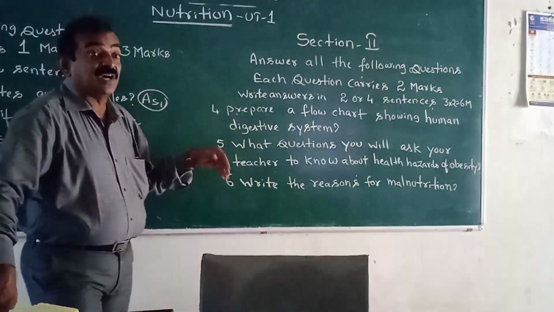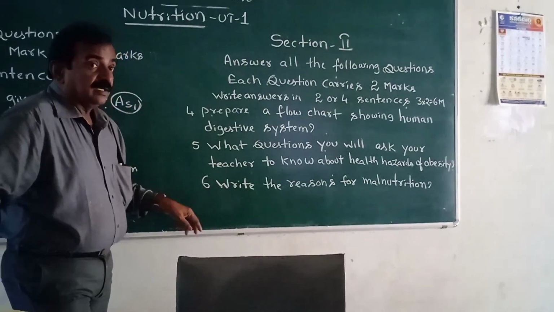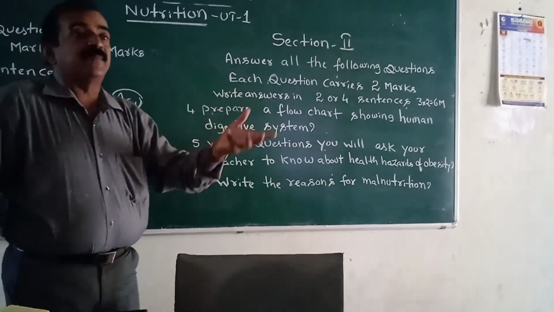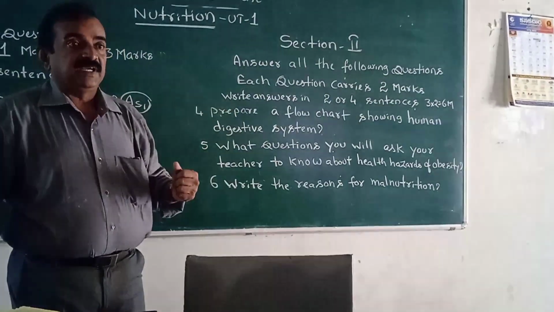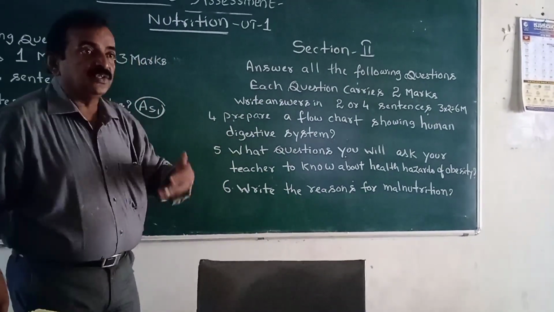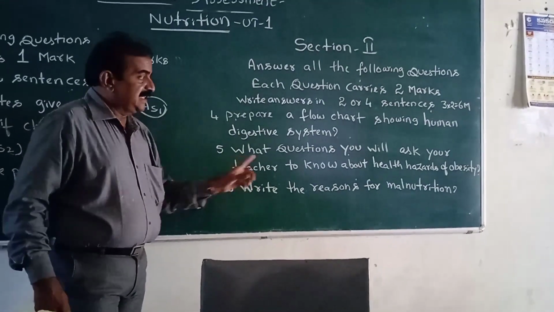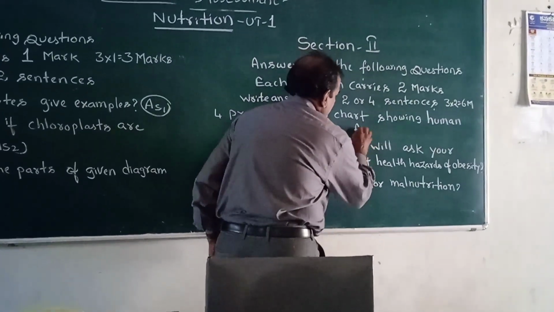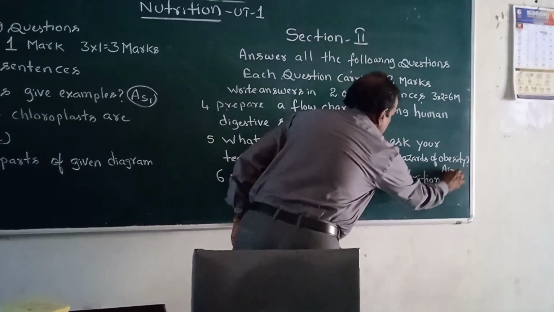So you need to ask your teacher some questions: What is obesity? How does a person become obese? What are the health hazards of obesity? What diseases do they get if a person becomes obese? Like that, you need to frame some questions and write them here. This is academic standard 2, AS2.